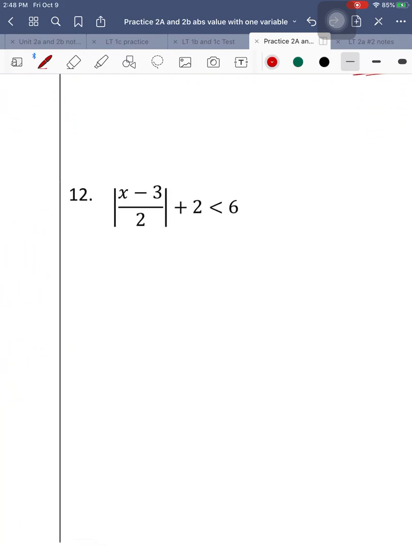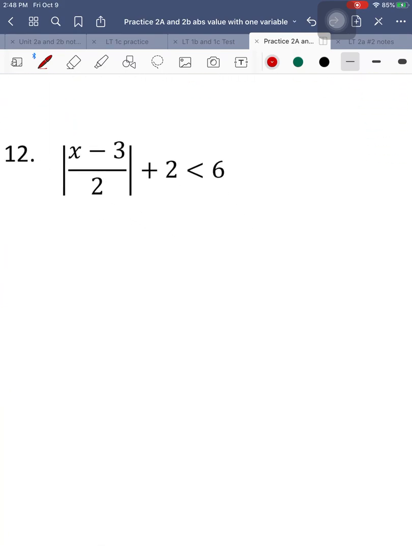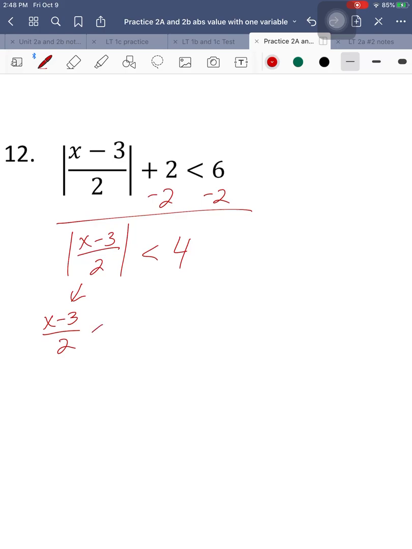All right, last problem. Number 12. So we have minus 2 on the outside. Absolute value, the x minus 3 divided by 2 is all underneath the absolute value. The absolute value is isolated. On the opposite side of it is a positive number, so we keep working this out. Divided by 2 is less than 4.